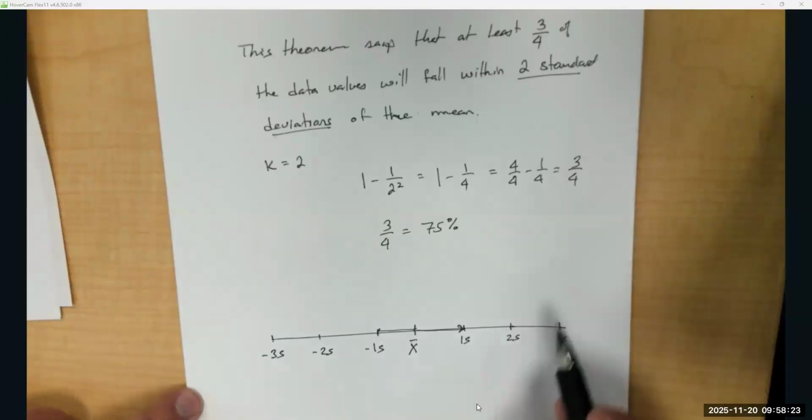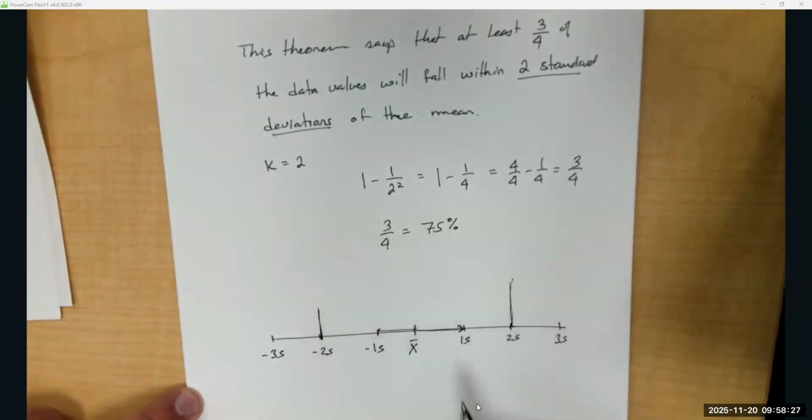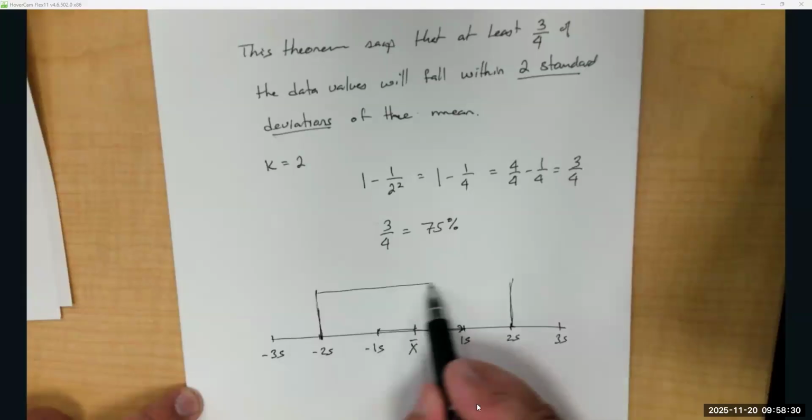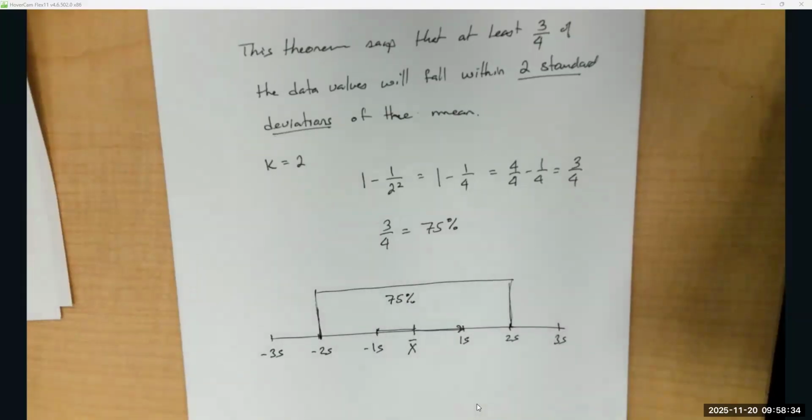So what it says is within 2 standard deviations, 75% of the data fall in there. It has to be 2 standard deviations from the mean.